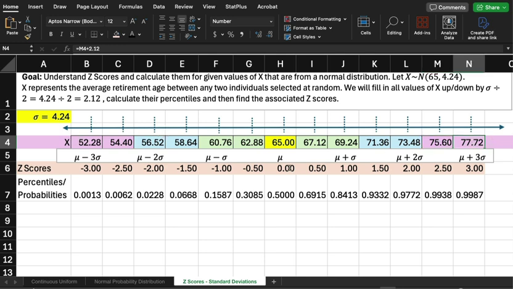So a -0.5 z-score is exactly minus half of a standard deviation away from the mean. 62.88 is half of a standard deviation to the left of 65. And that's what the z-score is representing. It's telling us exactly how many standard deviations from the mean we are.